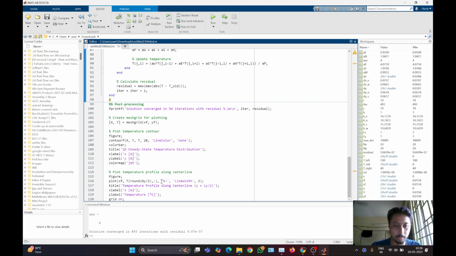Here we plot our T and we have a 2. Our line width is 2. The title will be temperature profile along center line, y equals the difference of y divided by 2. Then our grid is on. So now we run and see our graph.